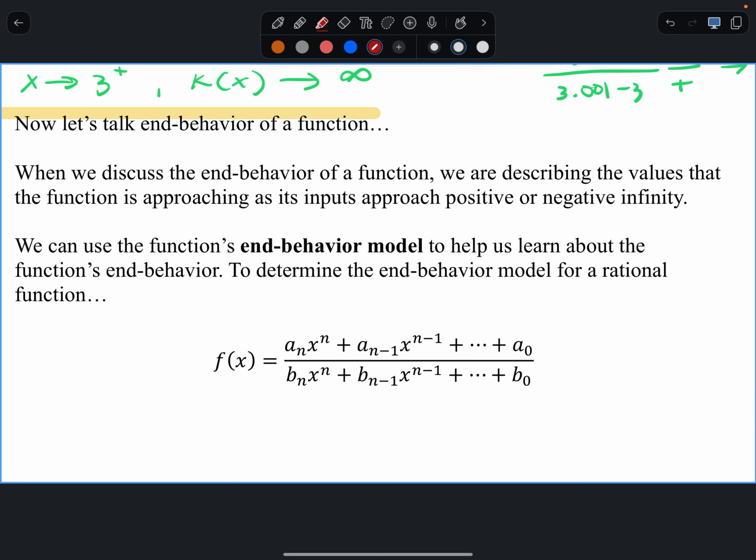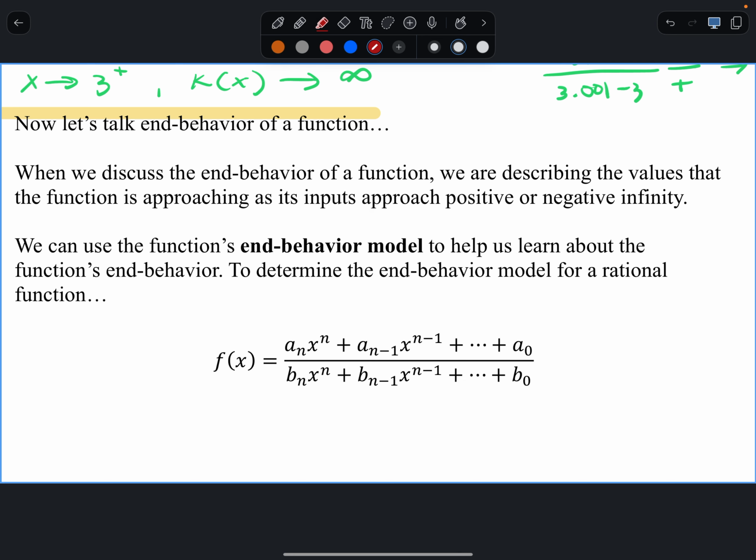Okie dokie. Now, oftentimes for determining end behavior and asymptotes for rational functions, the textbook usually gives you a chart saying, if the degree of the numerator is less than the degree of the denominator, there's a horizontal asymptote here. If the degree of the numerator is the same as the degree of the denominator, there's an asymptote here.